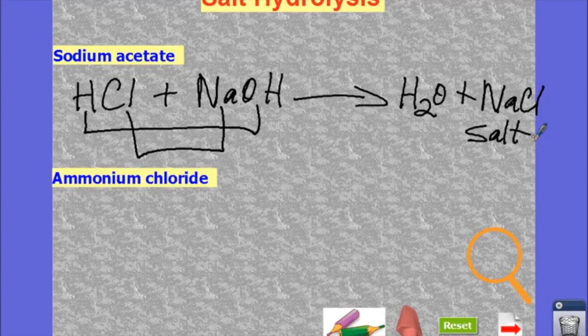Listen carefully. If the cation is from a strong base and the anion is from a strong acid, your salt is neutral. When do we have an acidic salt?